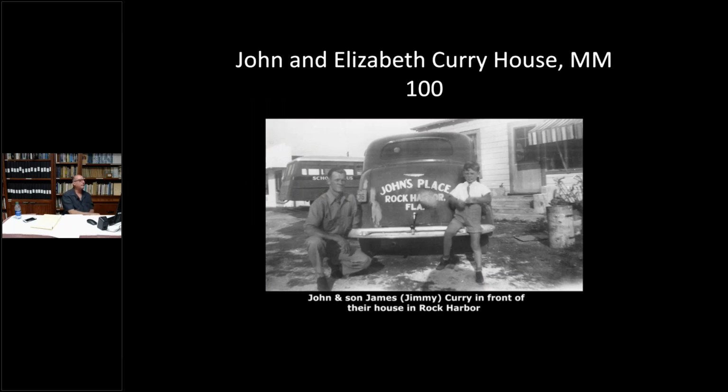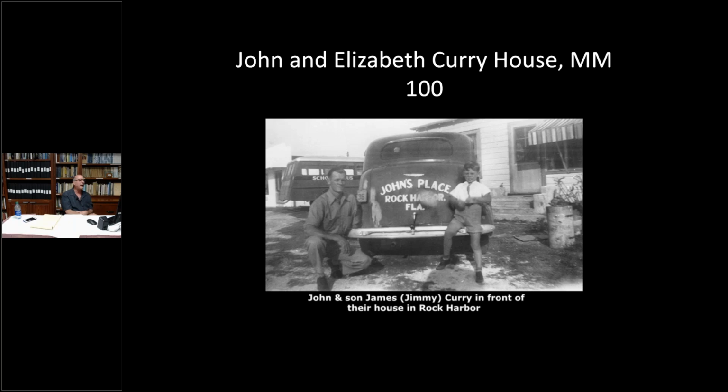Now we're going to go back to John Curry and his son James. This is John's place, about mile marker 100, kind of where the Shell station and Office Depot area is today on the ocean side.